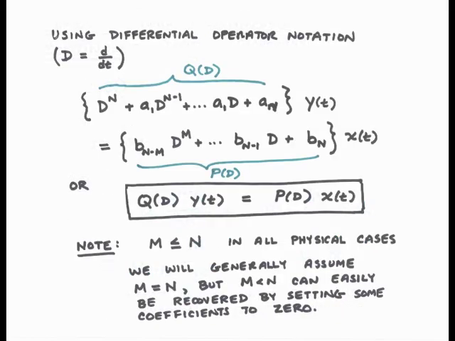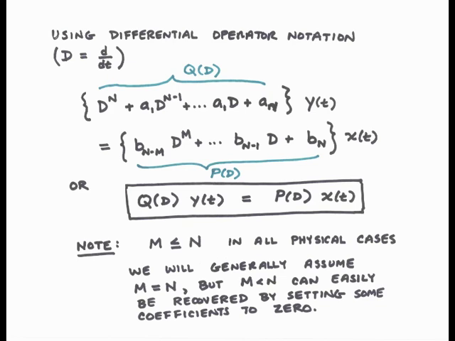This differential equation is rather unwieldy, so we're going to introduce a new notation in order to make it easier to write. Everywhere there is a d/dt, I'll just change that symbol to capital D. That's the differential operator. And then I can write my differential equation like this. We have a polynomial in the differential operator, Q of D, which is multiplying y of t.